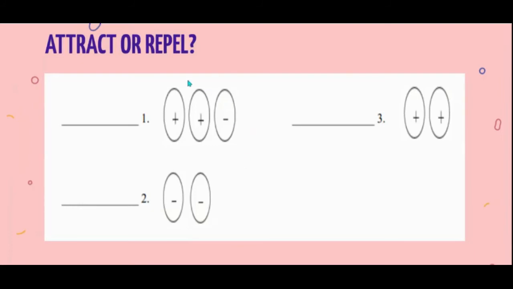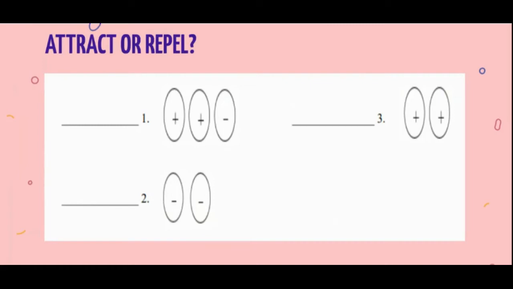Now, before we begin our discussion in electrostatic force, I would like you to identify first what would happen to these charged particles. There are three pictures, and they vary in their charge.